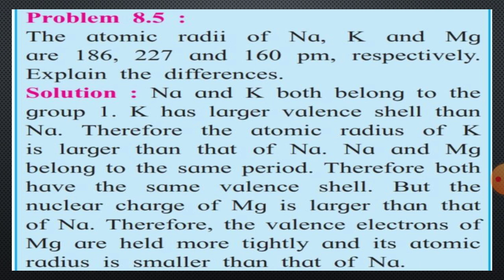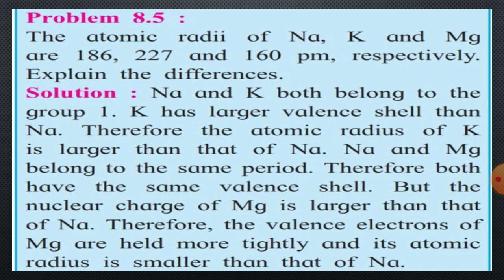While sodium and magnesium belong to the same period, they both have the same valence shell, but the nuclear charge of magnesium is larger than that of sodium. The number of protons is more in magnesium as compared to sodium, as magnesium carries +12 and sodium carries +11.